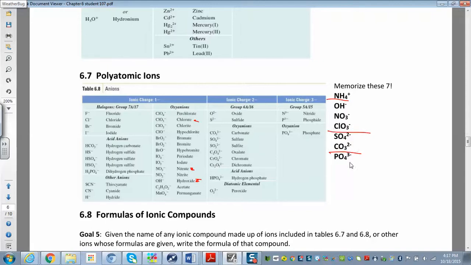These are -2, and that one's a -3. So hydroxide, nitrate, chlorate, sulfate, carbonate, phosphate. These all end in -ate. I'm going to show you how to get the ones that end in -ite really easily later on. But we have to start by memorizing all of these. So the ammonium ion, hydroxide, nitrate, chlorate, sulfate, carbonate, phosphate.